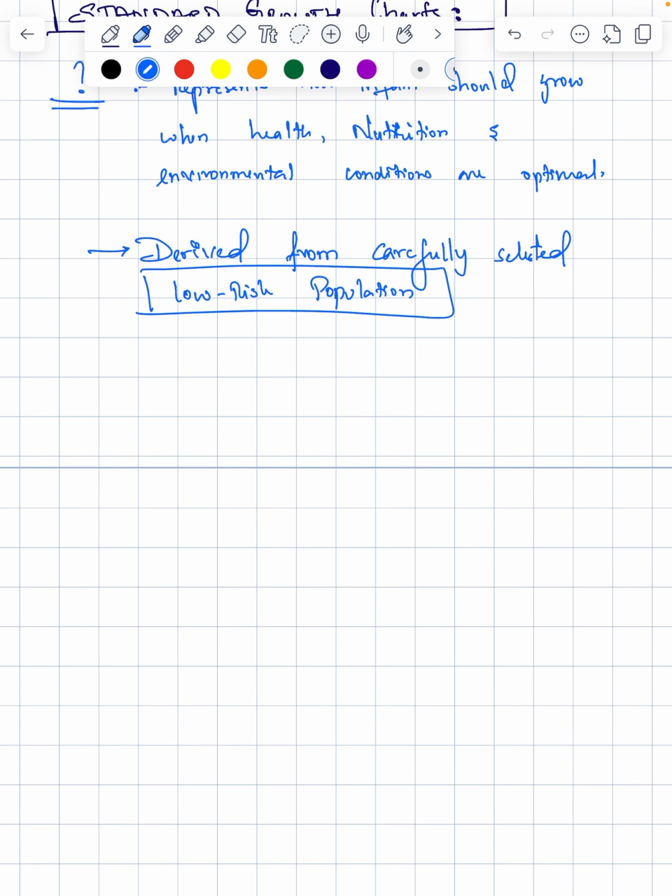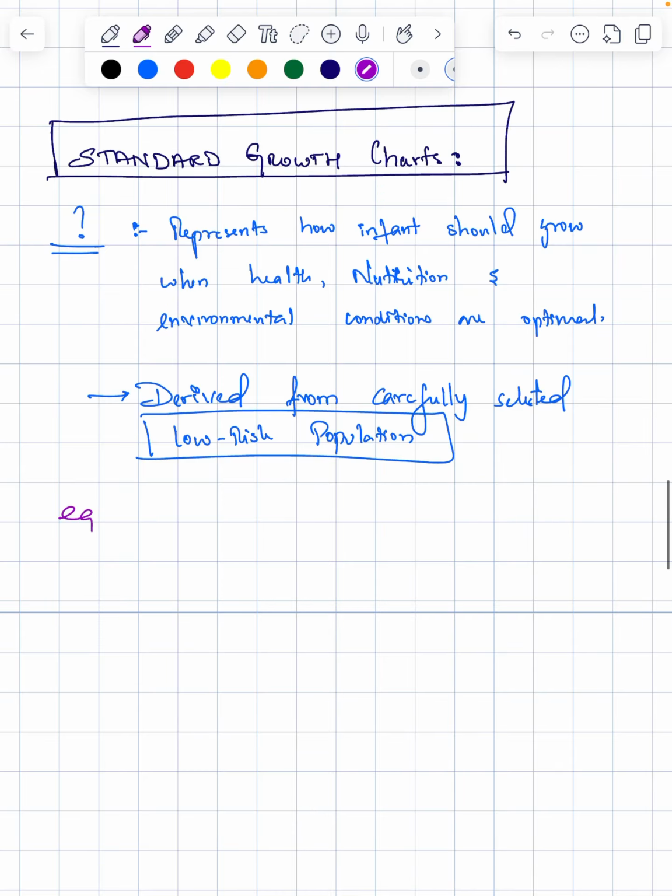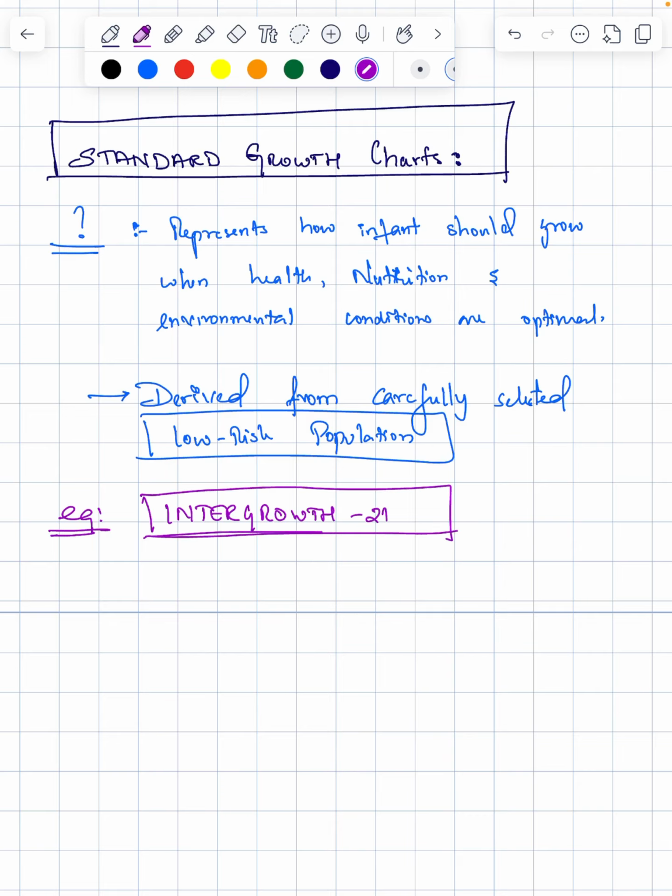An example of your standard growth chart is your Intergrowth 21 chart. Intergrowth 21 is a separate short note. Actually this Intergrowth 21 chart is a separate question for you, so we'll cover the important points you have to know about it.